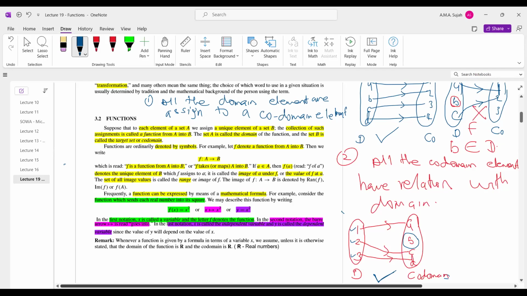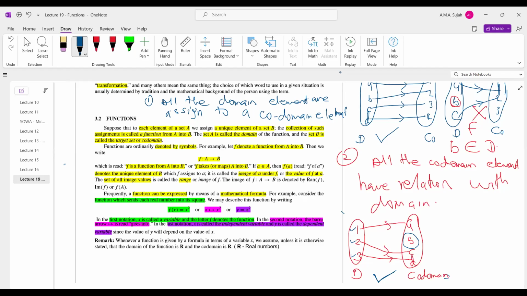So if I give you this type of graph and ask whether it's a function, check the domain elements first. If all are assigned, the first condition is okay. And since it's not mandatory for all the codomain elements to be assigned, it is a function. You can easily find a function this way.